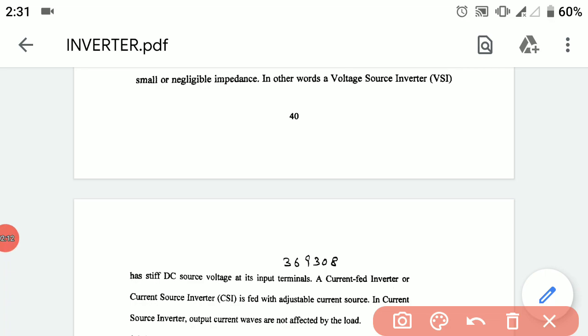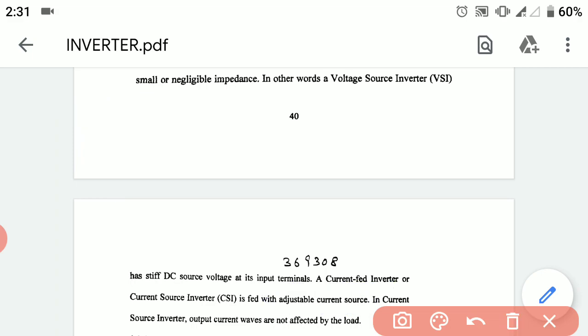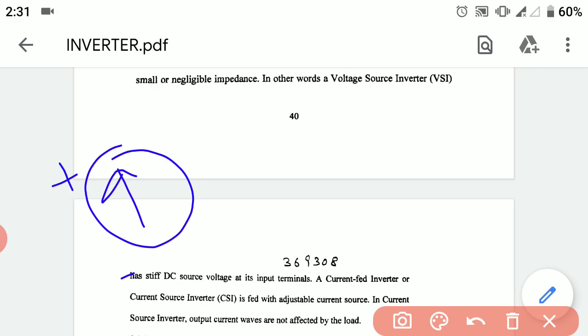Current fed inverters, that is current source inverters, have an adjustable current source. Actually in voltage source inverters, we have voltage as the input supply. In current source inverter, we have a current source as its input.